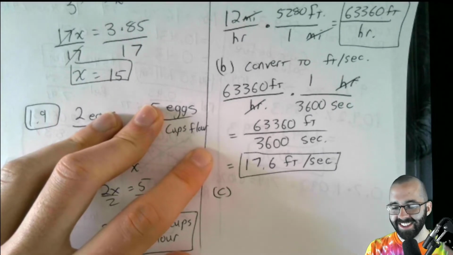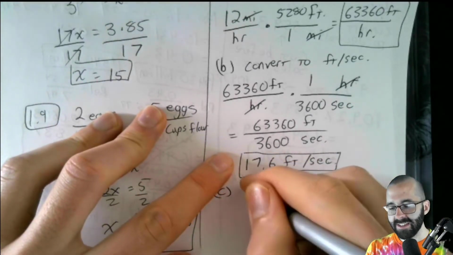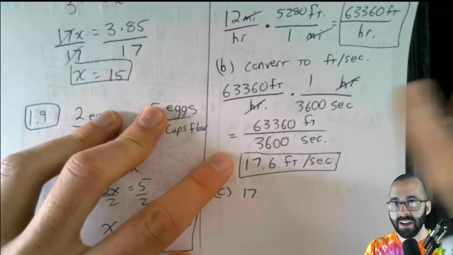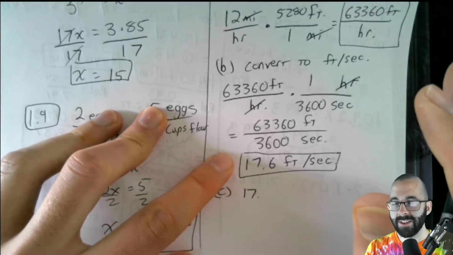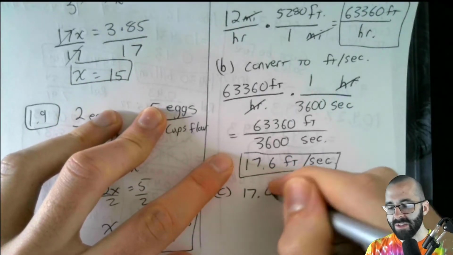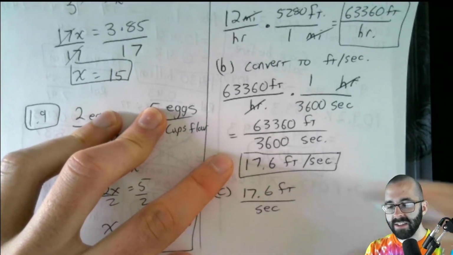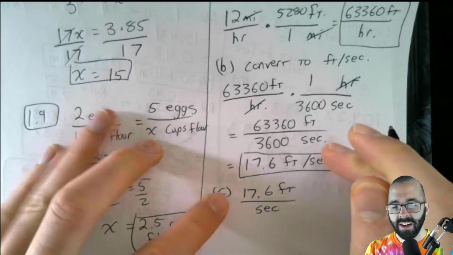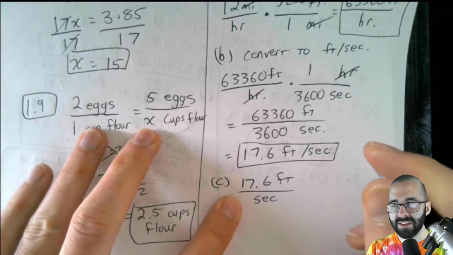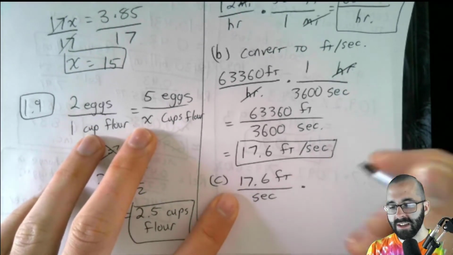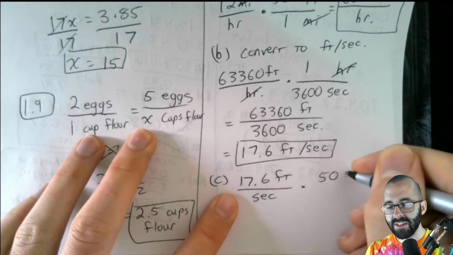Okay. Another way of looking at this, again, you don't have to do things the exact same way I do. But another way of looking at this is we have 17.6 feet per second, and we want to know how far do we go in 50 seconds. That's multiplying it by 50 seconds.